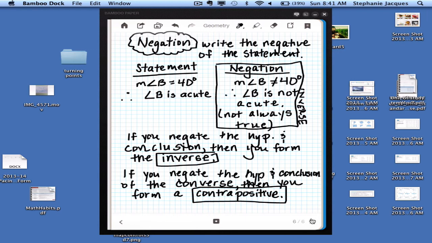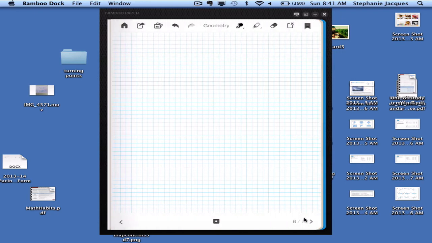So I'm going to turn the page and I'm going to give you an example. So we originally said the measurement of angle B was equal to 40 degrees. That's the if. The then was that angle B is acute. Now I'm just going to put original statement.